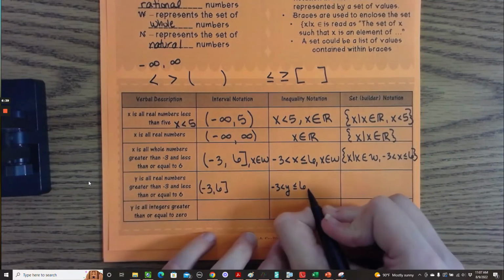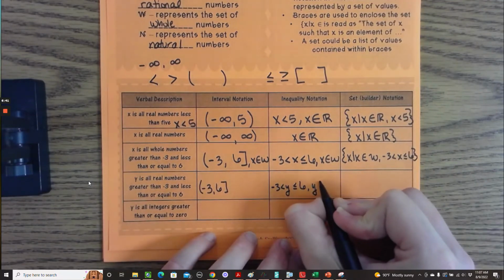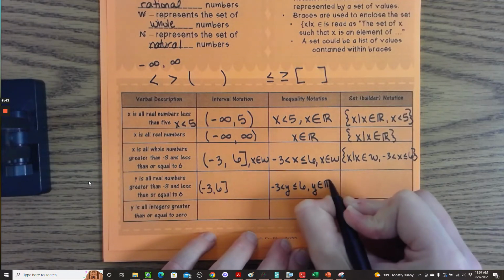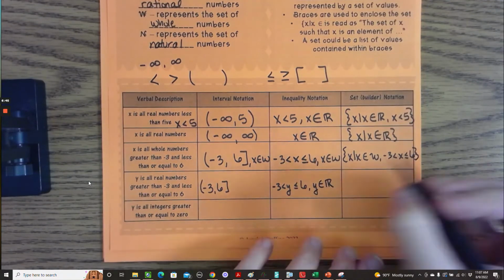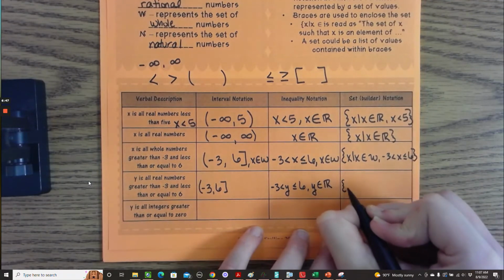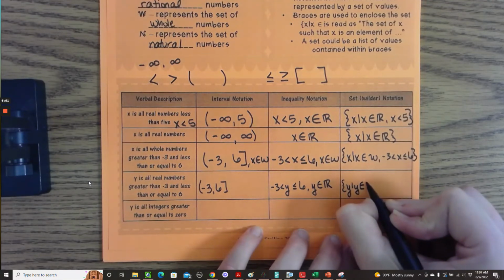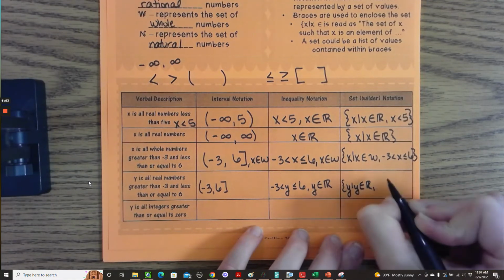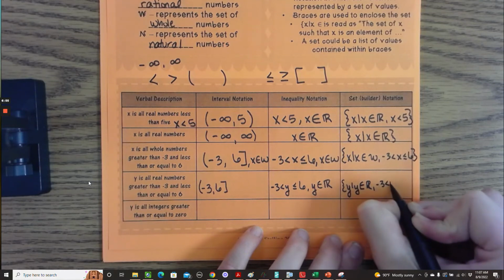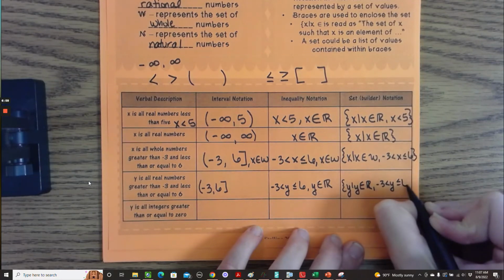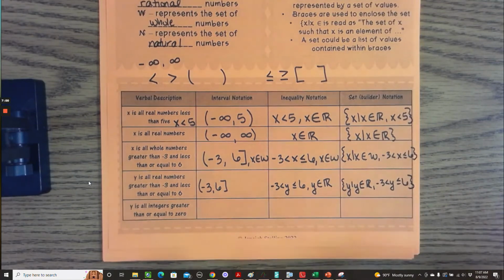Here though, we can add it: y is an element of the set of all real numbers. And then finally, y is a member of the set of real numbers, where -3 is less than y, and y is less than or equal to 6.